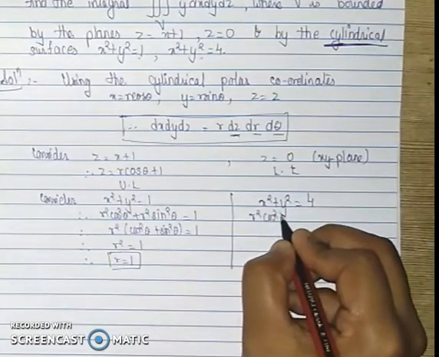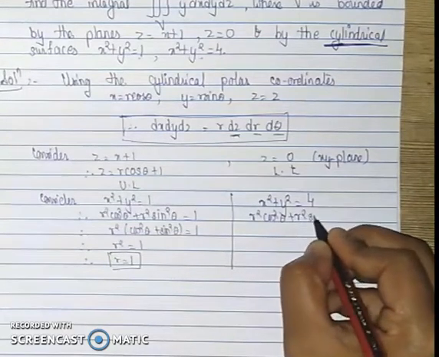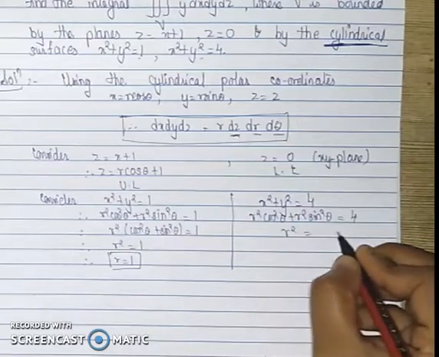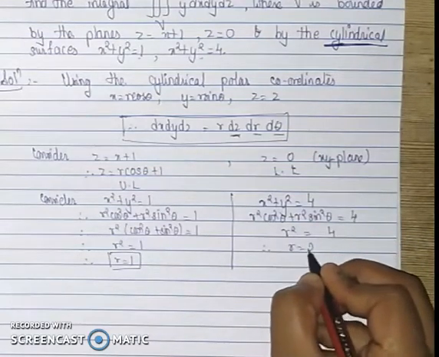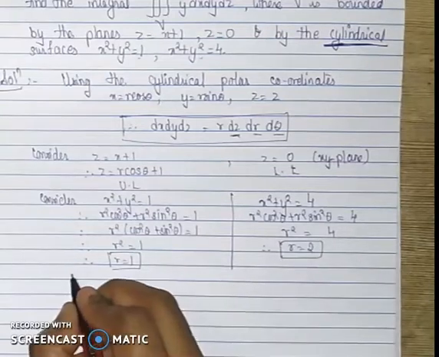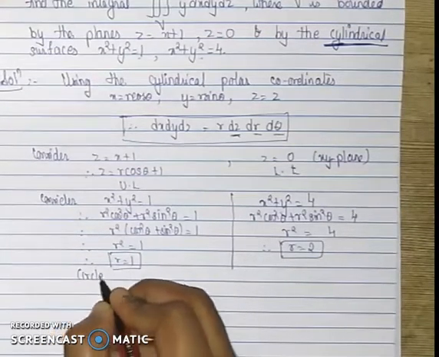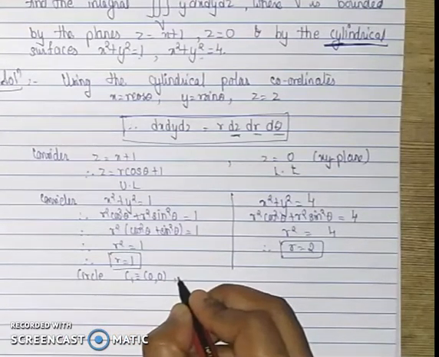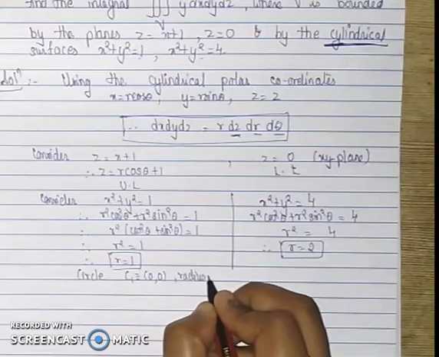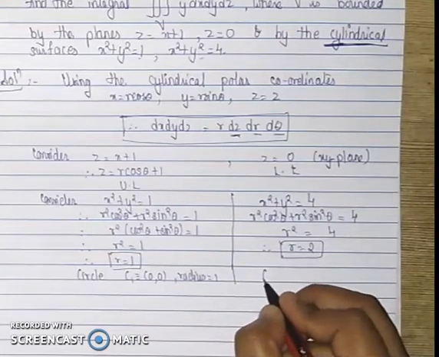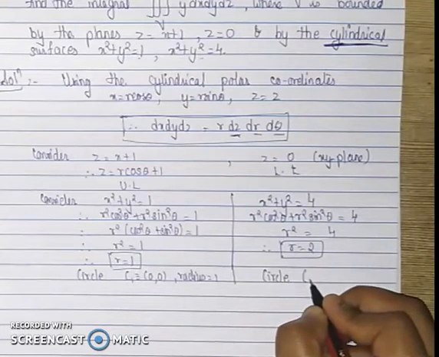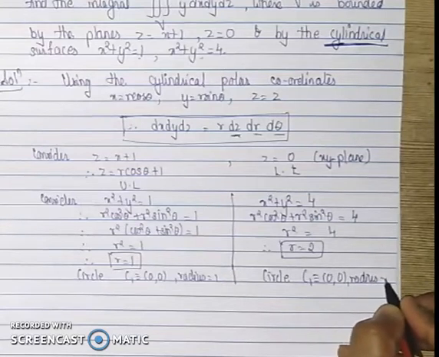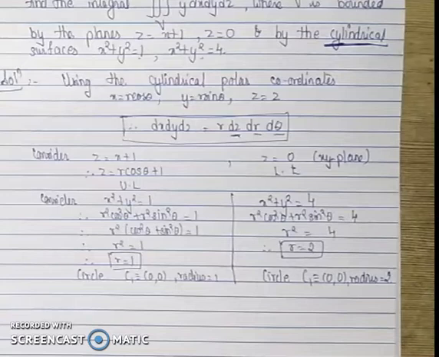Same thing continues with x squared plus y squared equal to 4, that is r equal to 2. This is a circle centered at 0, 0 and radius 2. So these are 2 concentric circles with radius 1 and 2.